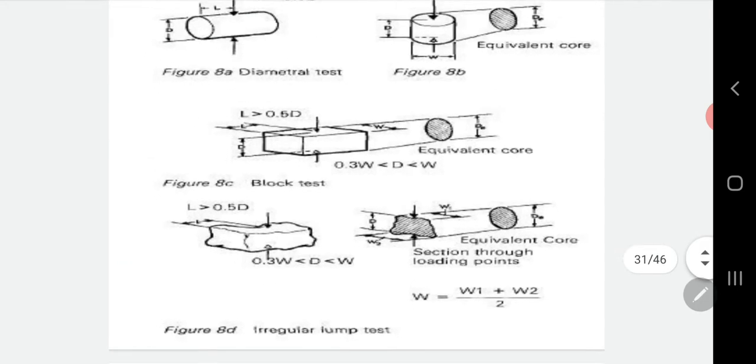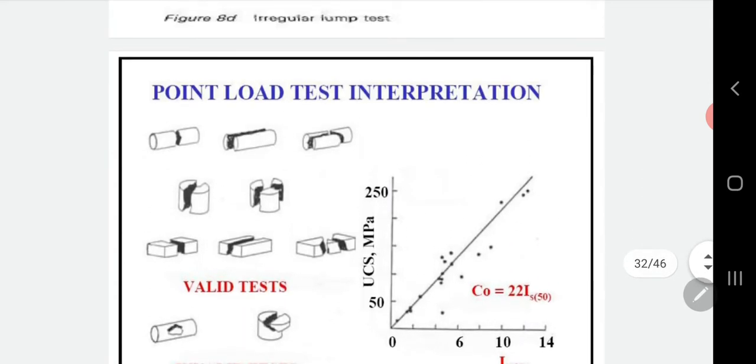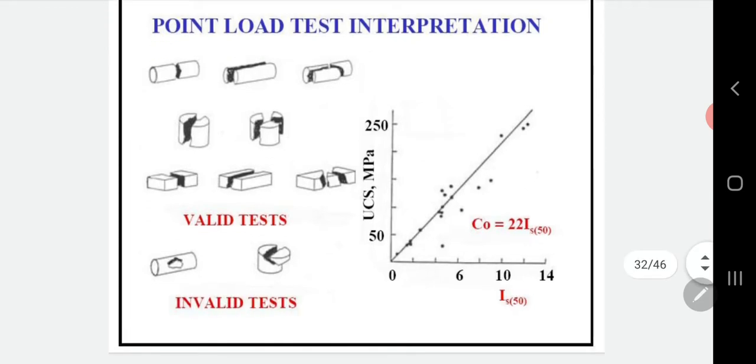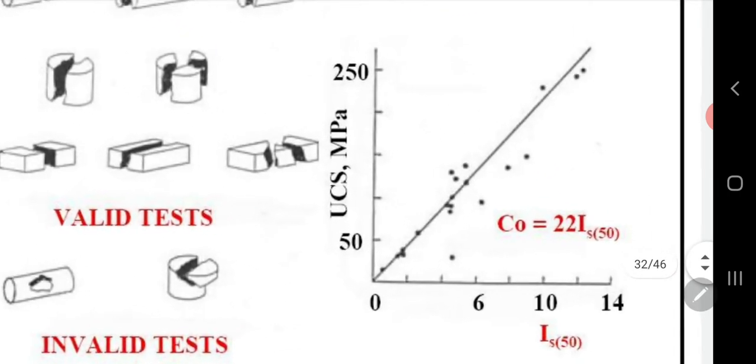Okay, next, the thing that you need to understand when you do the point load test is that we need to take a photo of the failure, because we want to sketch the orientation of the failure. And to interpret, you need to use this graph.